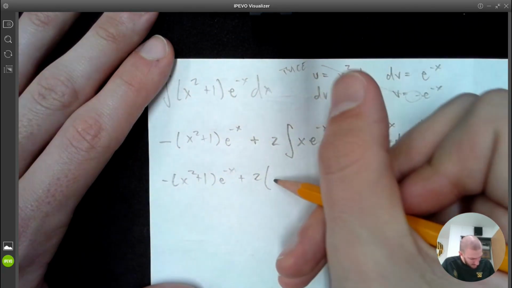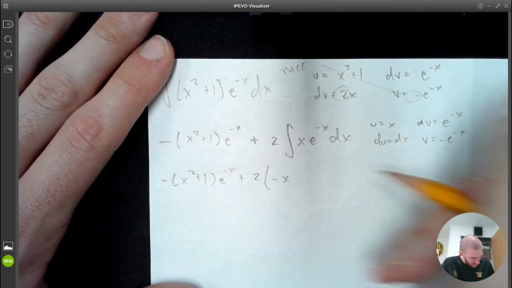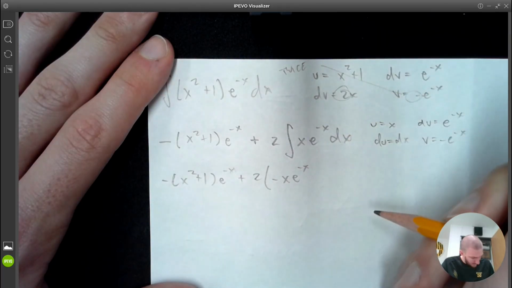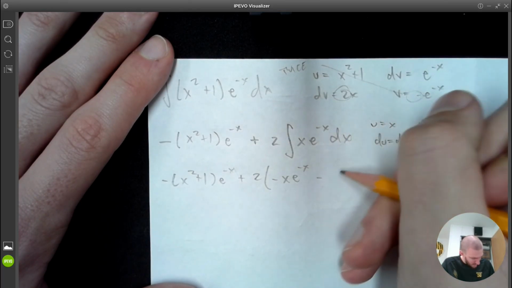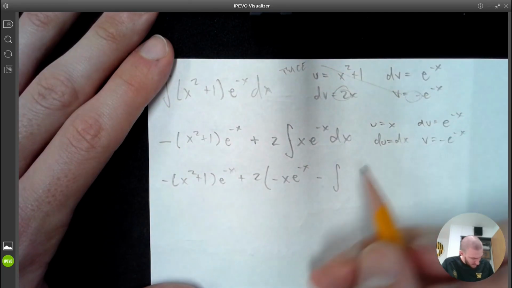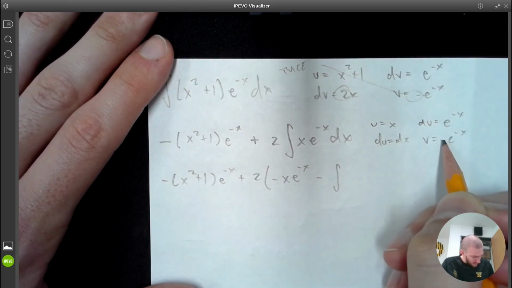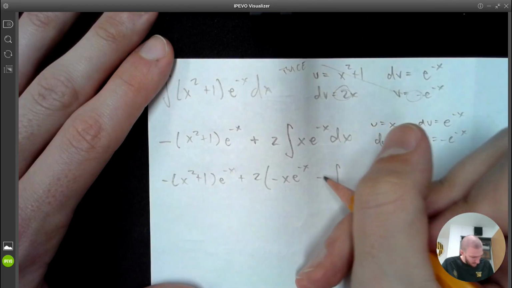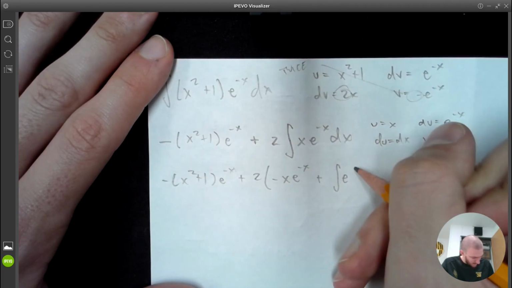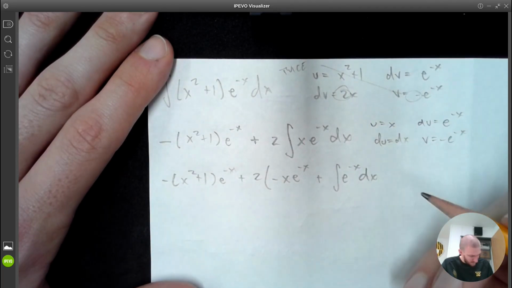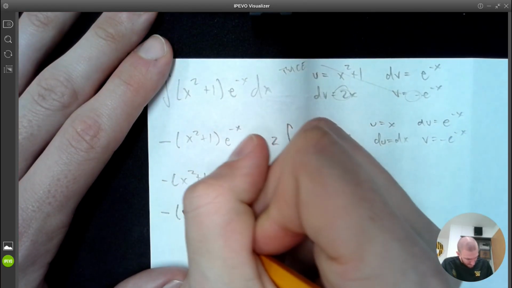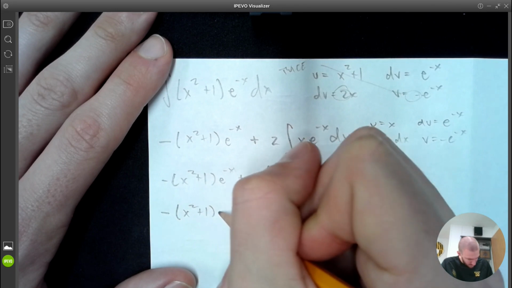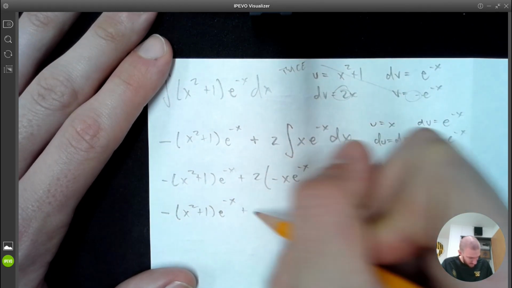Diagonal is negative x e to the negative x, and across is going to be minus negative e to the negative x dx. Negative (x squared plus 1) negative x.